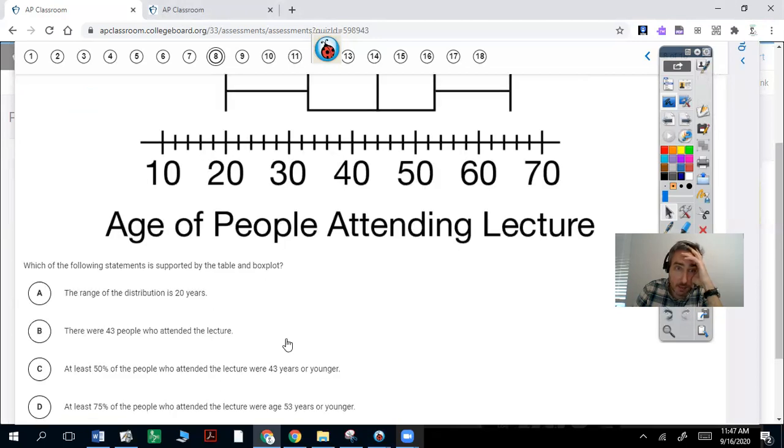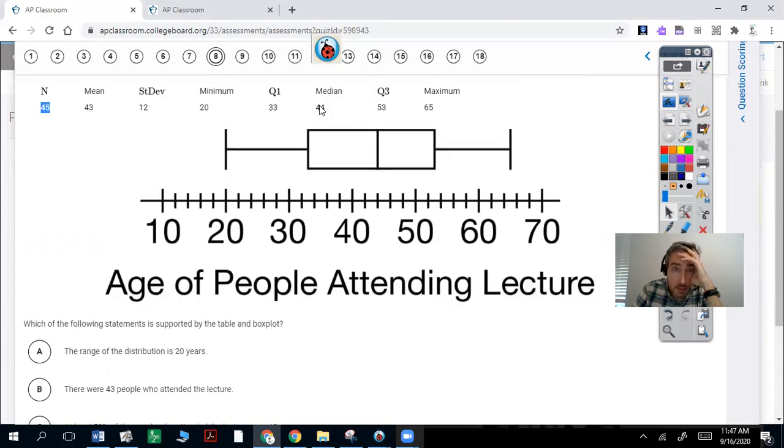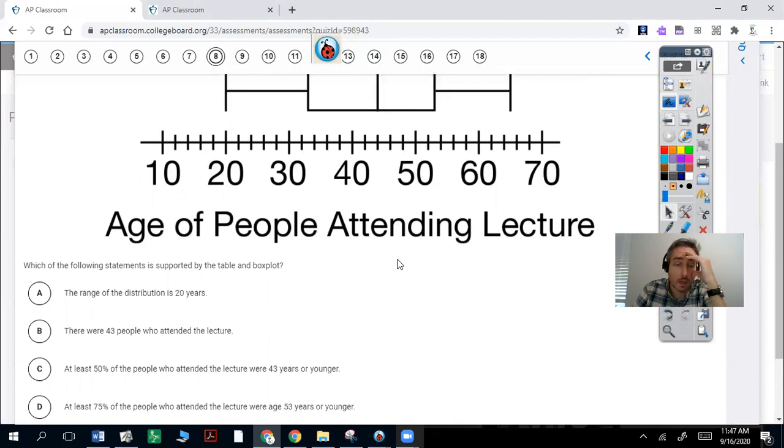At least 50% of the people who attended the lecture were 43 years or younger. The median is 44, not 43, so it's close, but, well, hold on. No, because it says at least 50%, so that's not true.